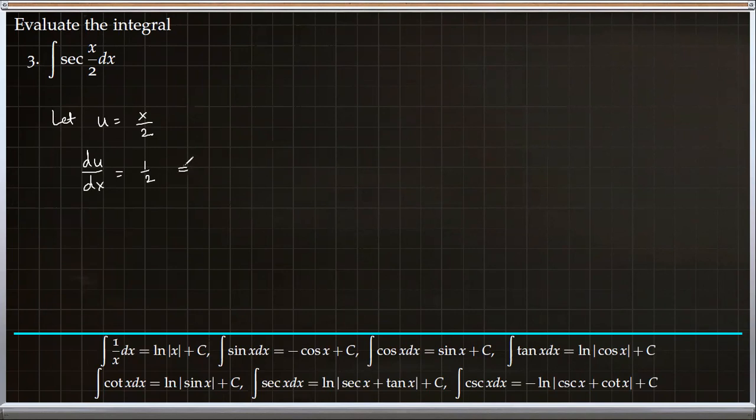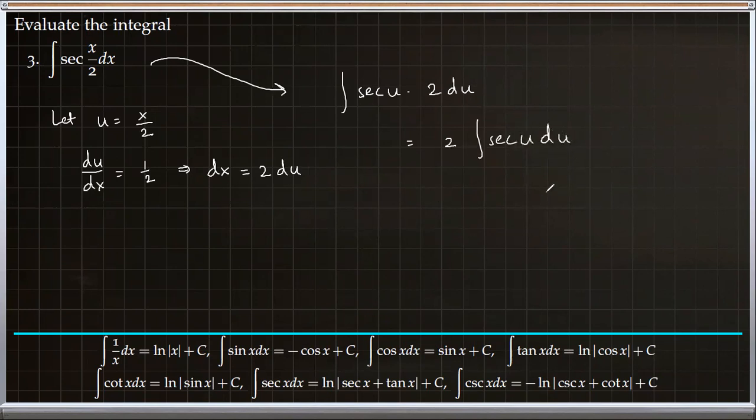So this implies dx equals 2 du. Now we are ready to write this in terms of u. So this becomes the integral of secant of u, and dx we found to be 2 du. I can pull that 2 out and write this as 2 times the integral of secant of u du.